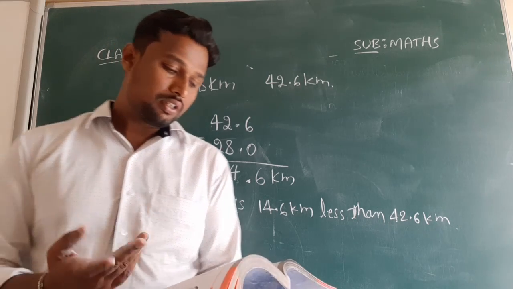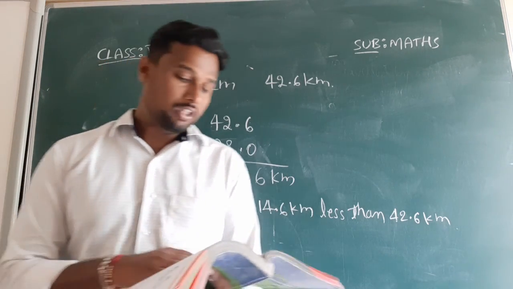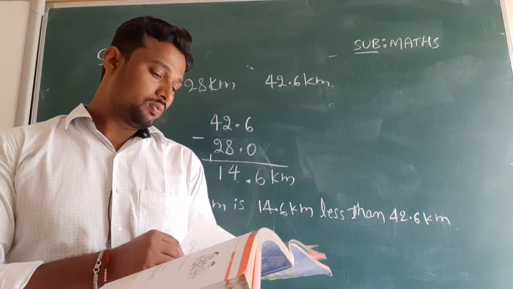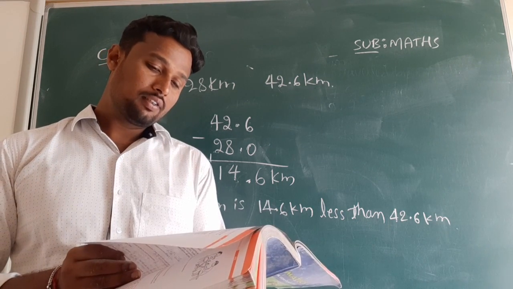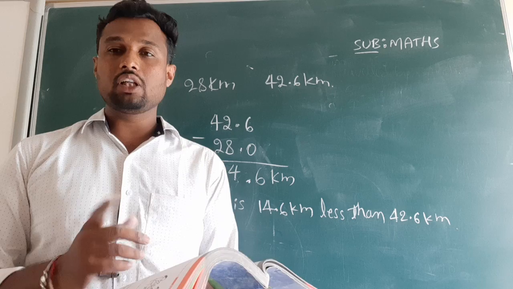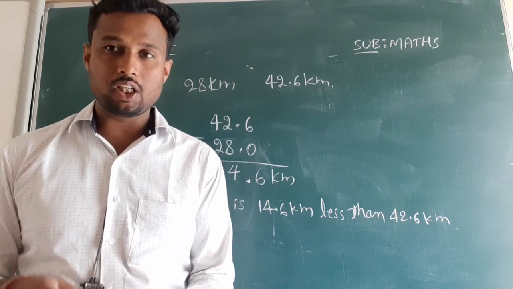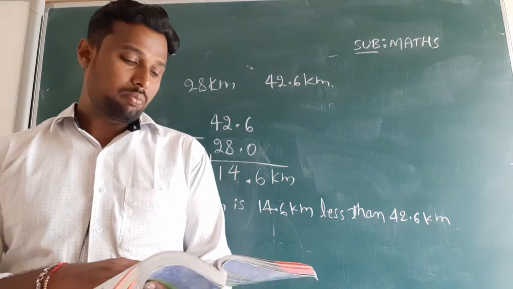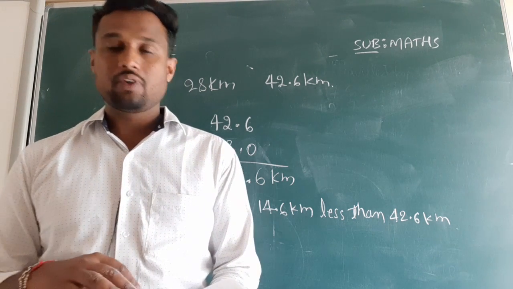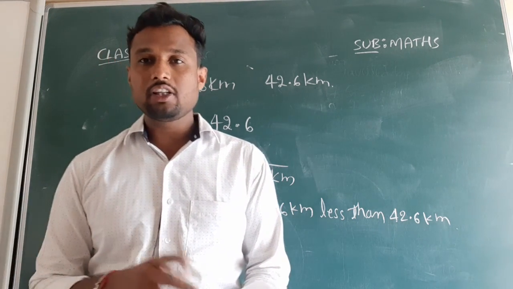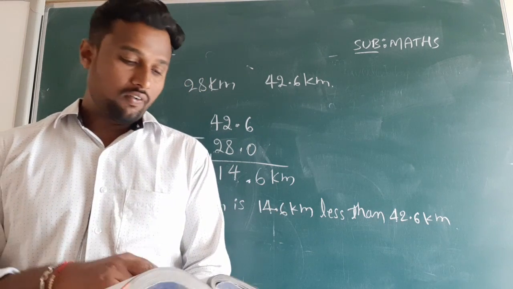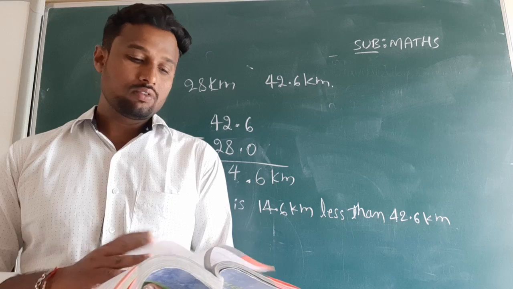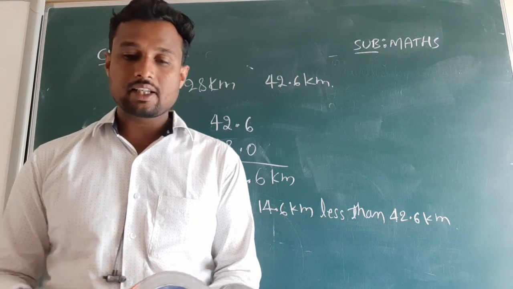So here next concept we will see multiplication of two decimal numbers. Already we calculated or we multiplied when we have only one decimal number and one whole number, but now in next class we will see multiplication of decimal numbers, but only the difference is here we will get two decimal numbers. Okay, so we will discuss that in next class.